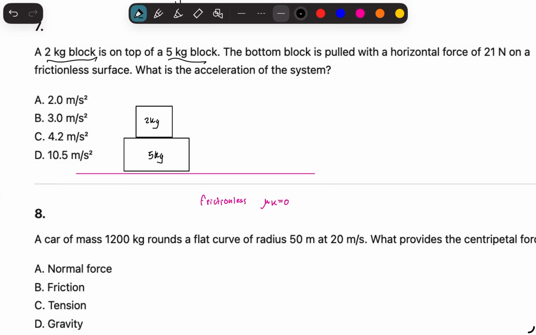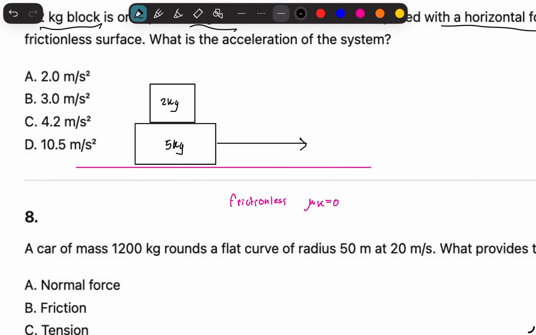What's the acceleration of the system? 21 newtons on the frictionless surface. It doesn't say it's at an angle, so we're just going to assume that it's like this.